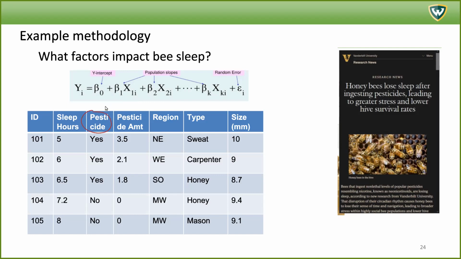We just add the variables in the function, and as we have seen before, this regression equation is an algorithm that produces these slopes, these b's here, which give us the impact that each variable has on the outcome of interest. The sleep hours is this one here. So it's really a wonderful thing.